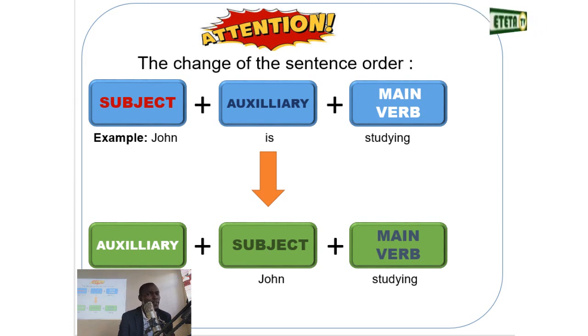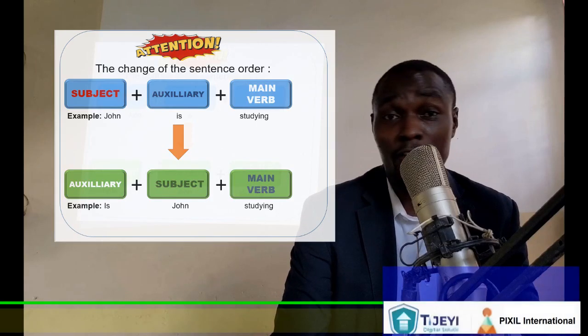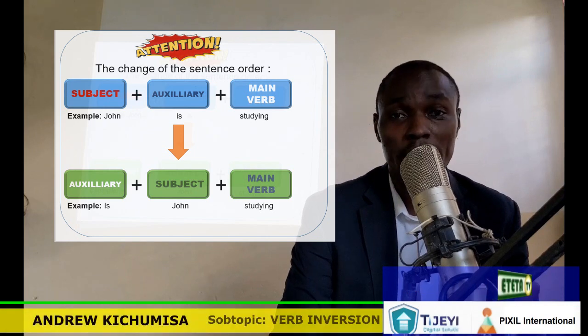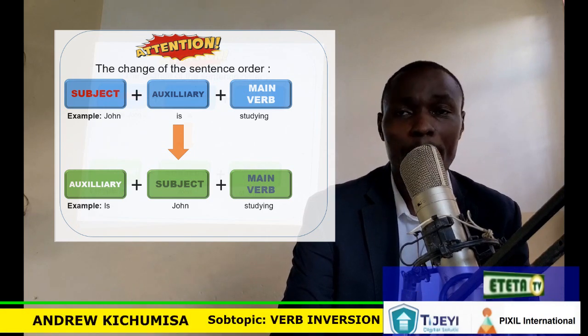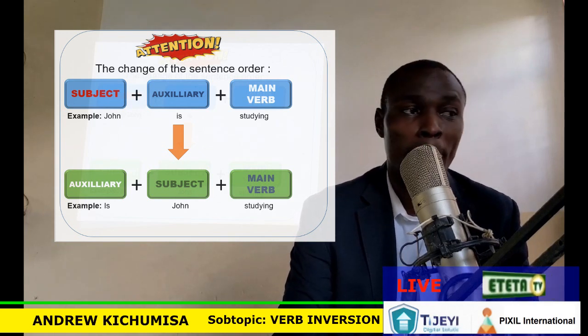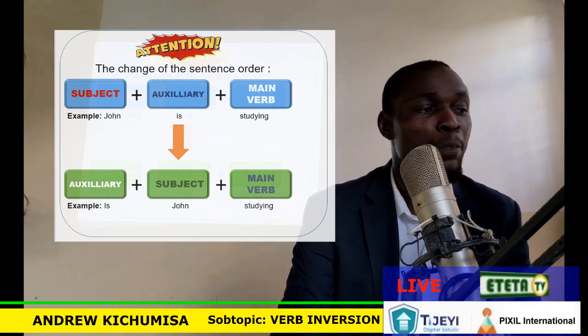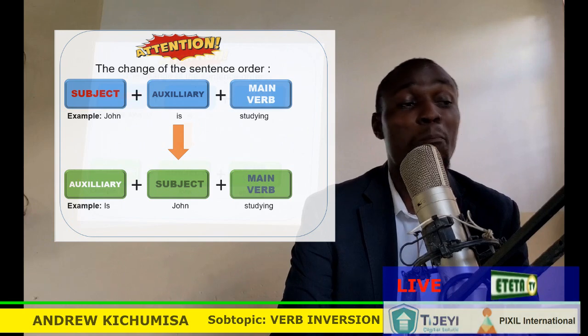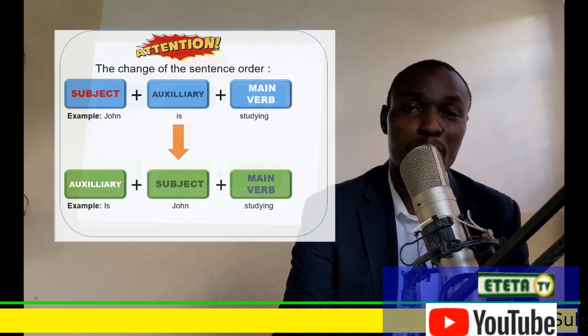But when we do verb inversion, the sentence will begin with an auxiliary followed by the subject and then the main verb. In a traditional sentence, it's subject plus auxiliary plus main verb, but in verb inversion, it is auxiliary plus subject plus main verb.